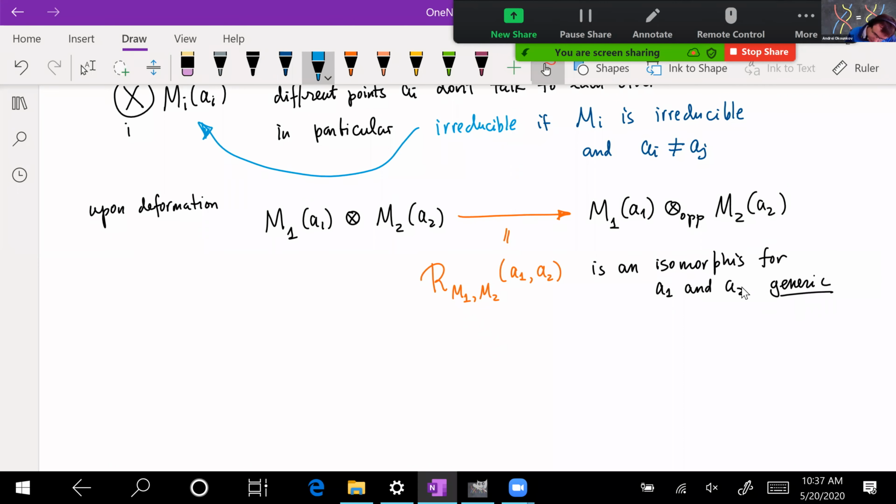Generic means an isomorphism away from finitely many points, and this is a rational function of a1, a2 with non-zero determinant.